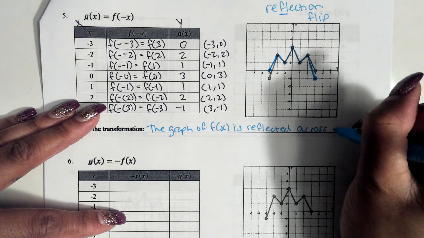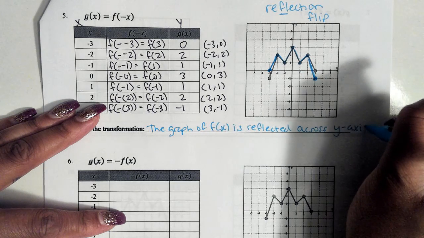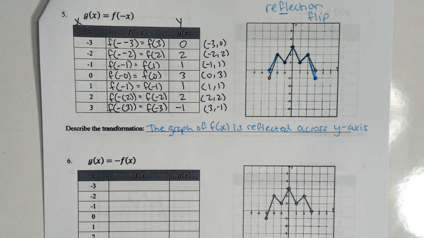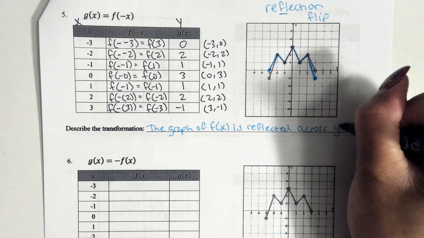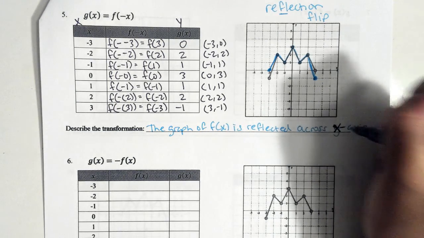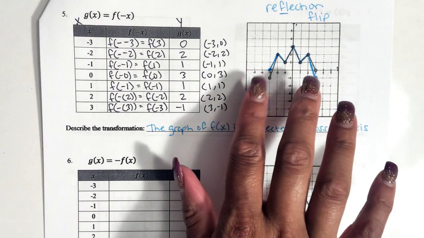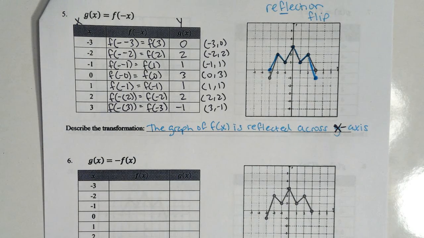Actually, across the y-axis. We reflected across the y-axis. Oh, I'm sorry. We reflected across the x-axis. I apologize. The x-axis. And it's hard to tell, but because we flipped from our negative and positive numbers on the x-axis. So that's how it's reflected across the x-axis.